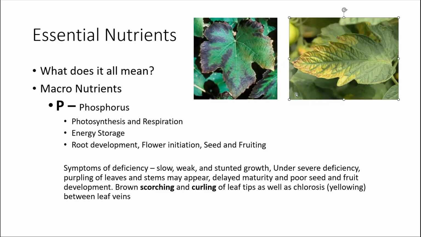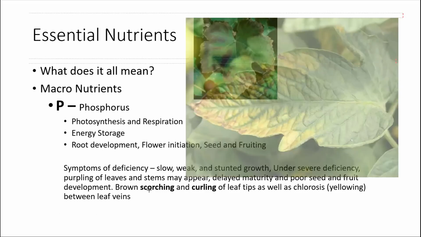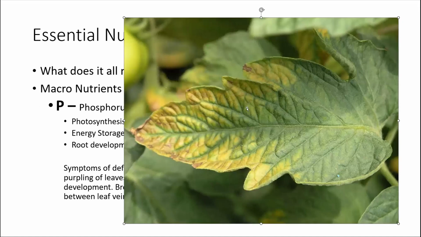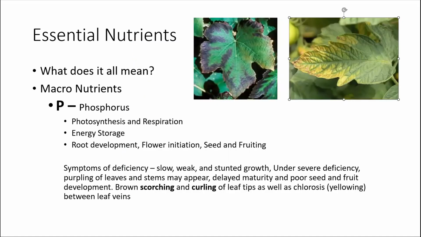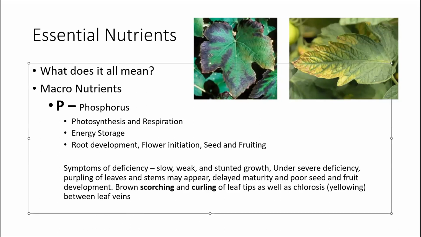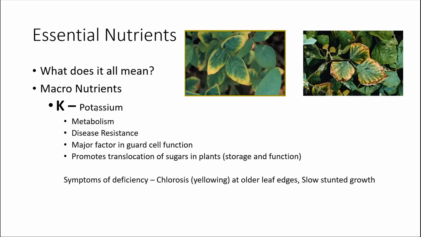Let me blow this up for you. You can see that there's chlorosis, but adjacent to the veins, there's still green to it. So this is a relatively good indicator that the plant may be low in phosphorus.